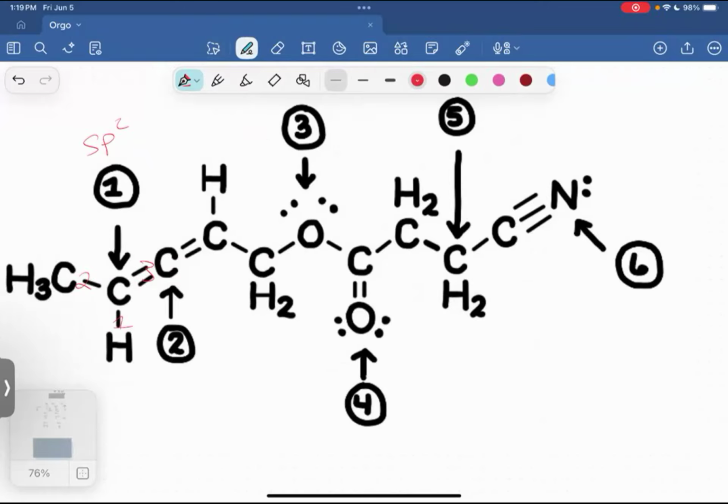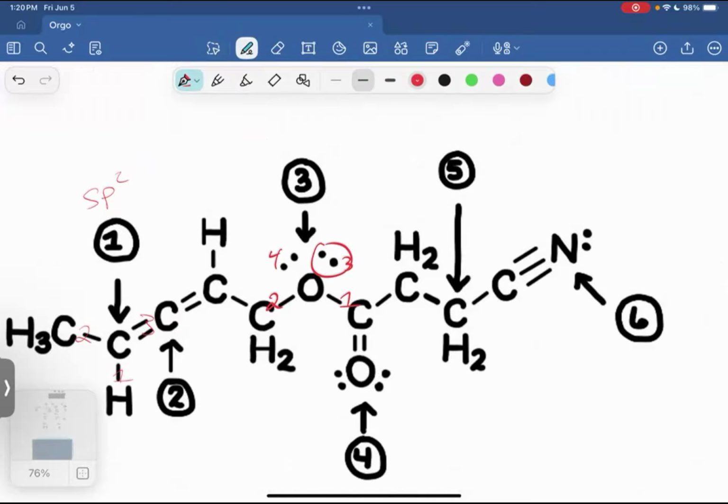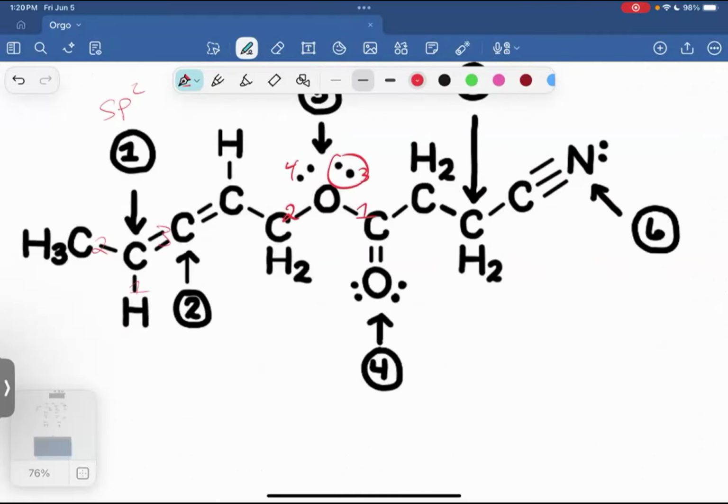How many groups are coming off of that? One, two. Remember, lone pairs are considered, three, four. So this would be sp3, being four groups.